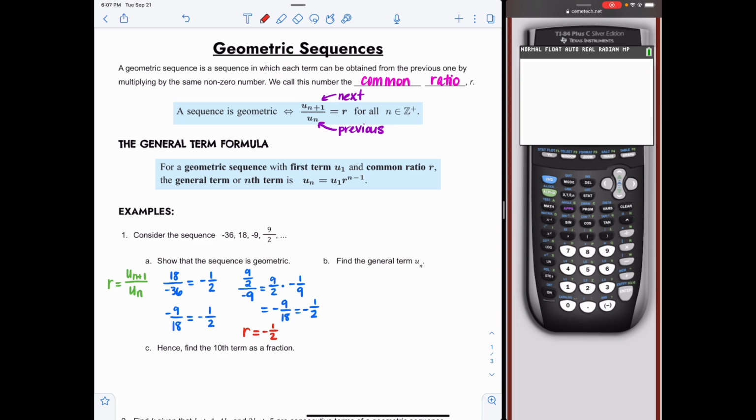Now that we have that, we can find the general term, or u sub n. Remember, the general term states that u sub n is equal to u sub 1 times r to the power of n minus 1. So we just substitute in what we know.